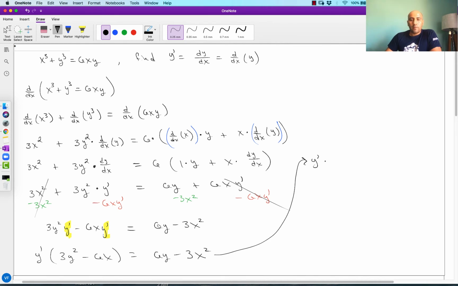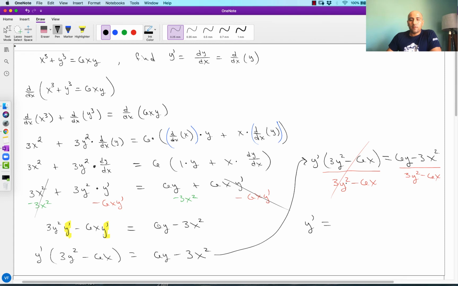So we have y prime times (3y squared minus 6x) equals 6y minus 3x squared. And so now I just want to divide both sides by this little binomial. So divide this side by 3y squared minus 6x. Divide that side by 3y squared minus 6x. And then here it'll cancel, become 1. And that's our final answer.